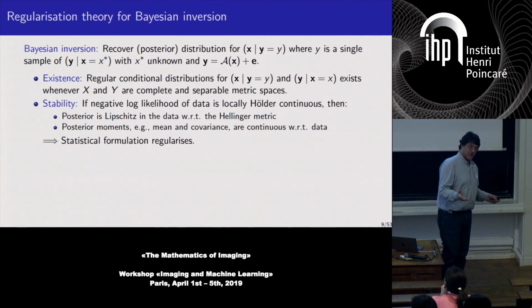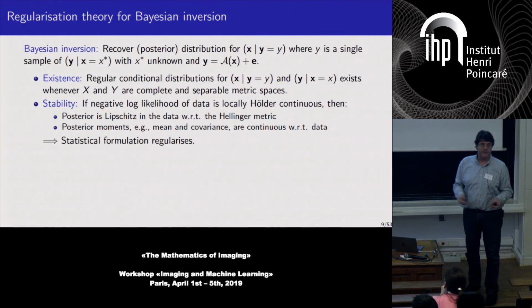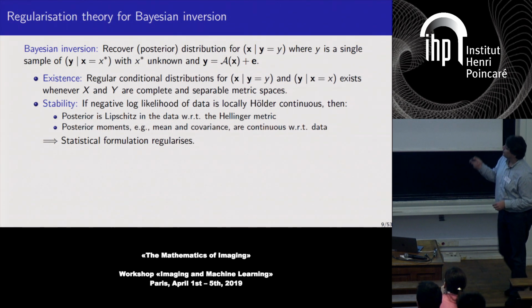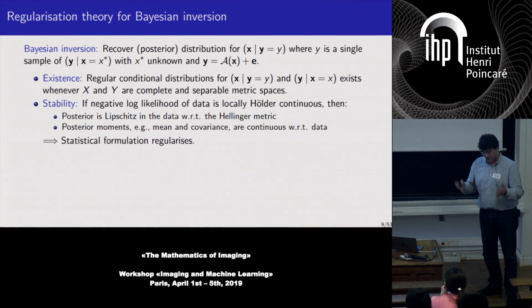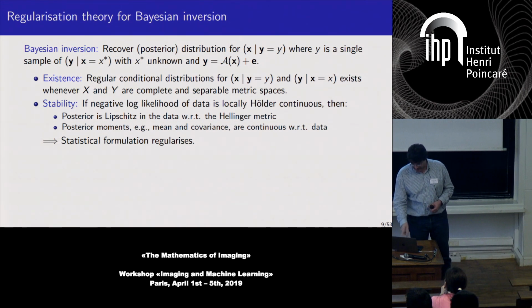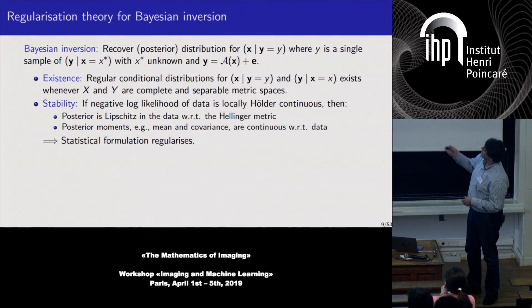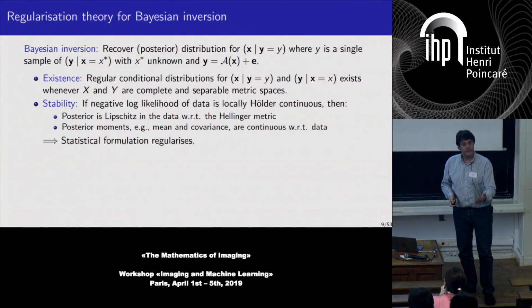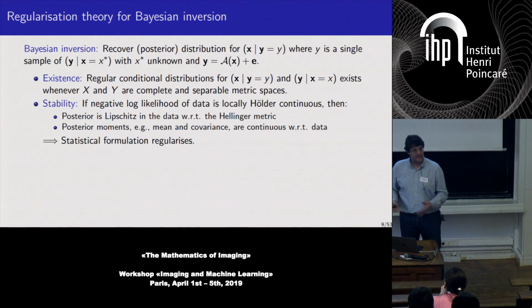You might, of course, ask the next question: is it stable? Is this way of reformulating the inverse problem regularizing in one way or another? Since the task is now to recover the entire posterior, you need to talk about what you mean by continuity in the space or the set of probability measures. There are some results in this direction. If you pick the Hellinger metric as the one to measure continuity against, then with certain assumptions on the data log likelihood, you can actually claim that the posterior is continuous with respect to changes in data, which means that you essentially have a regularizing property.